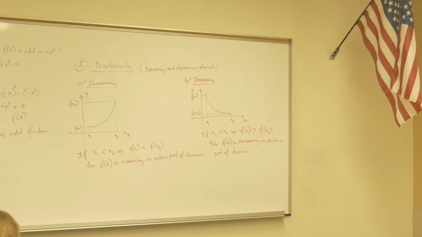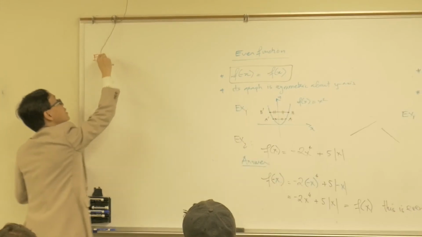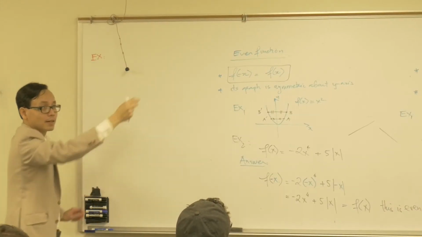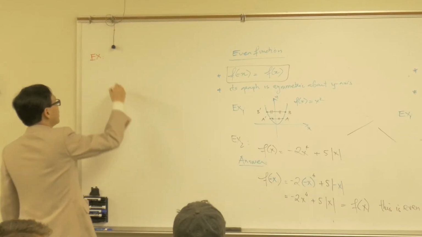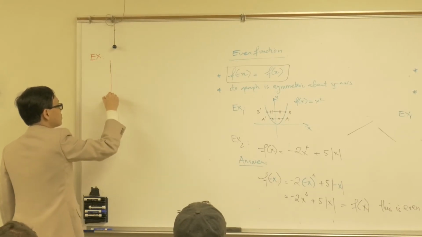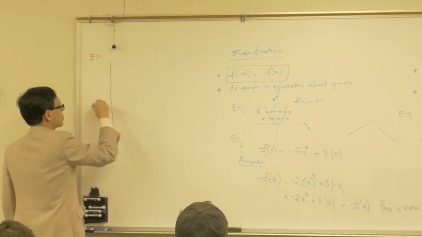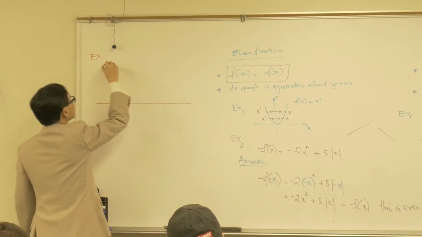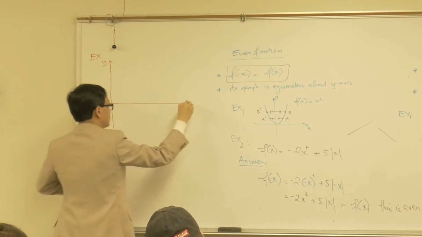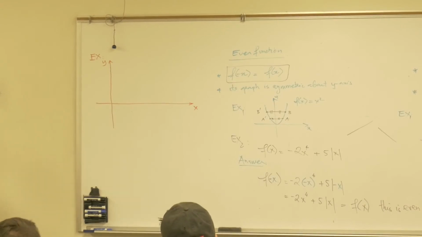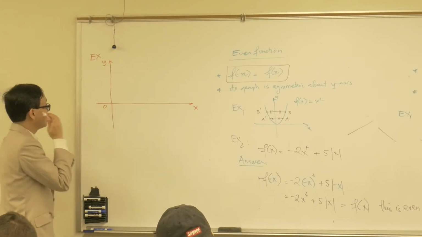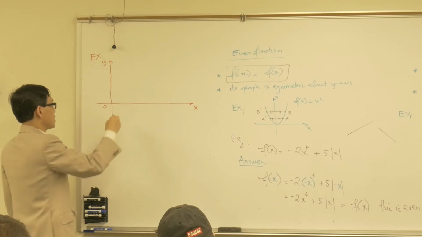Alright. Example. Let's take a look at example. It should be alright. It's not really that bad. Because for this concept, all you have to do is you look at the graph of the function. Okay. I have a function whose graph looks like this. Something like this.